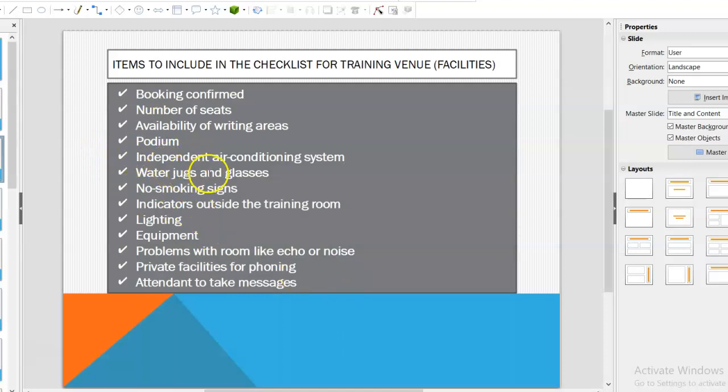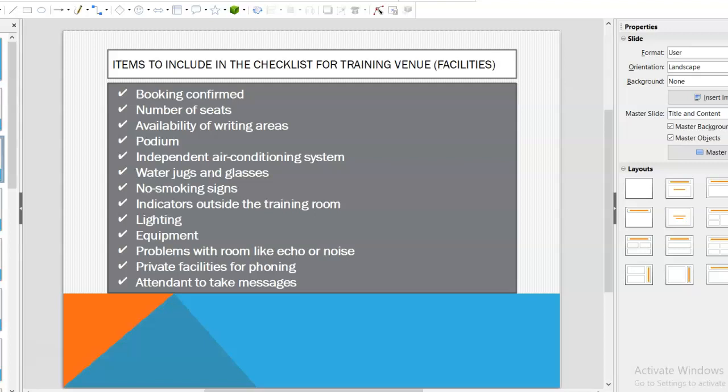Then we have to look into an independent air conditioning system, water jugs and glasses, and no smoking signs should be put in place. Indicators outside the training room show people coming from outside where the training is so that they are not lost.